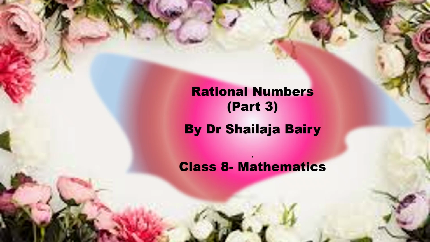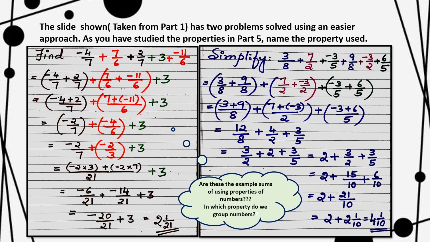Rational numbers. Let's continue. Observe a familiar slide which was given in part 1, and there we used these two examples to understand the easier approach, the logical approach to solve the rational numbers operations.